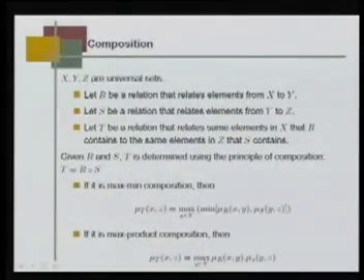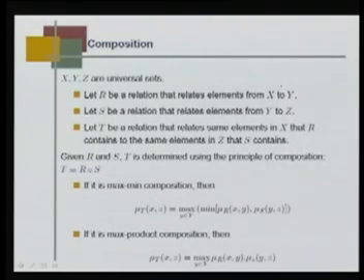For example, here x, y, z are universal sets. Let R be a relation that relates elements from x to y. So, in the Cartesian product space of x and y, R is defined. Similarly, in the Cartesian product space of y and z, the relation S is defined. Similarly, T is defined in the Cartesian product space x and z.